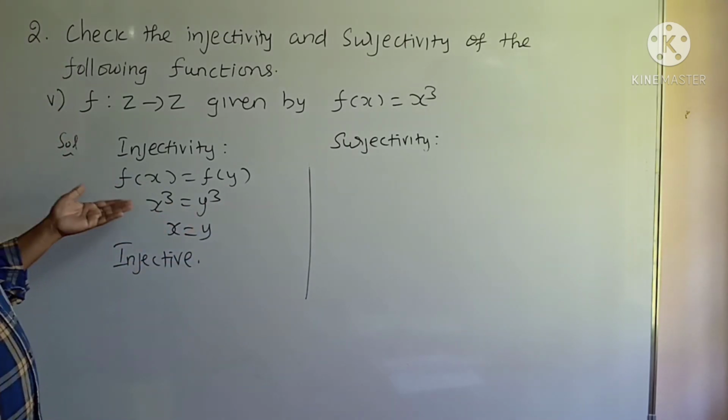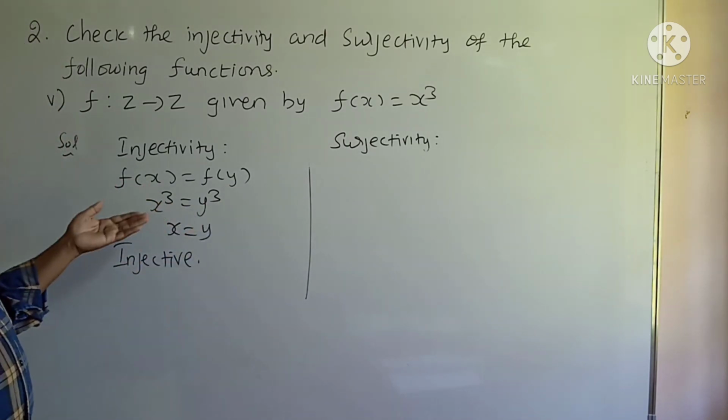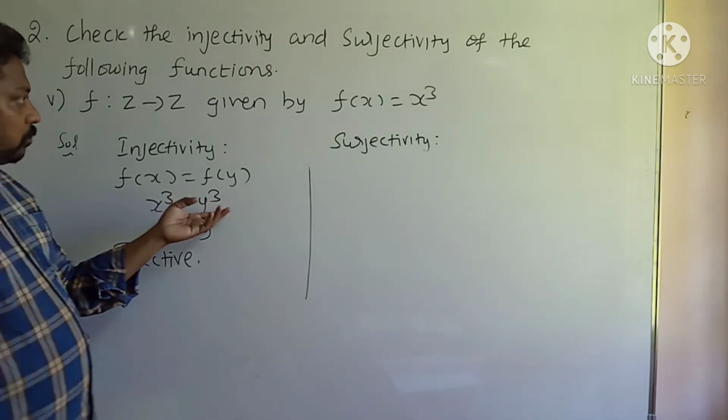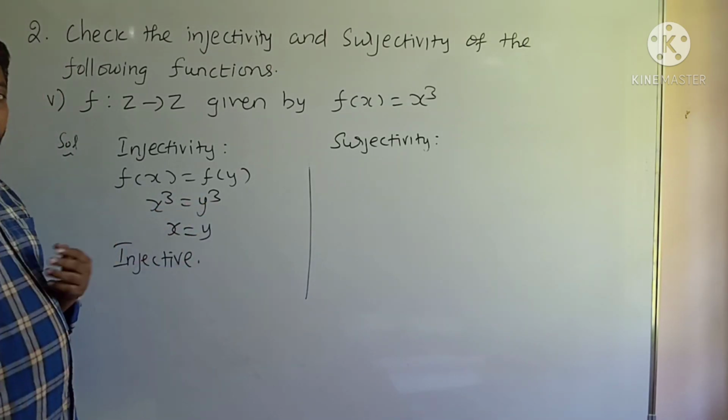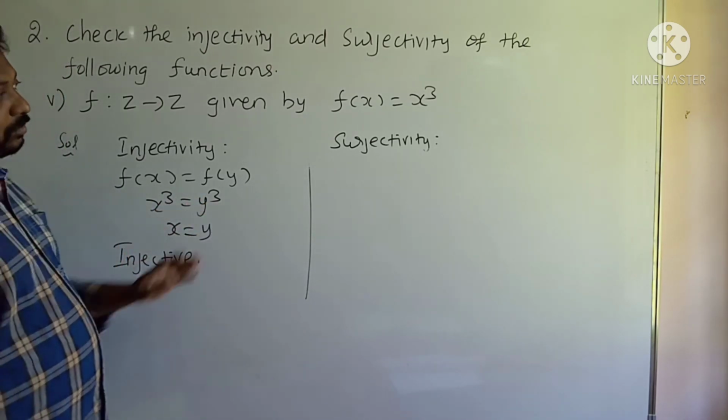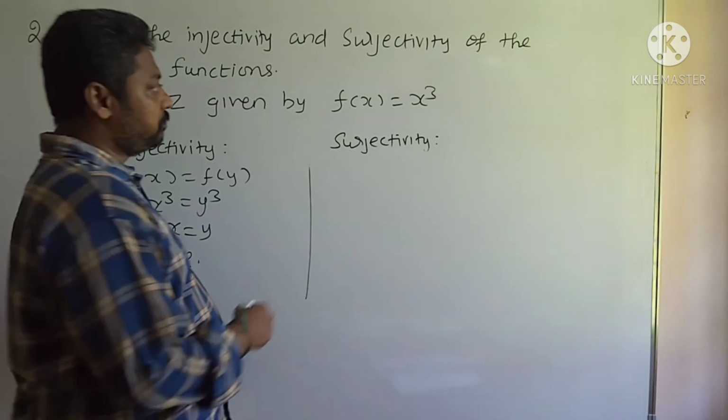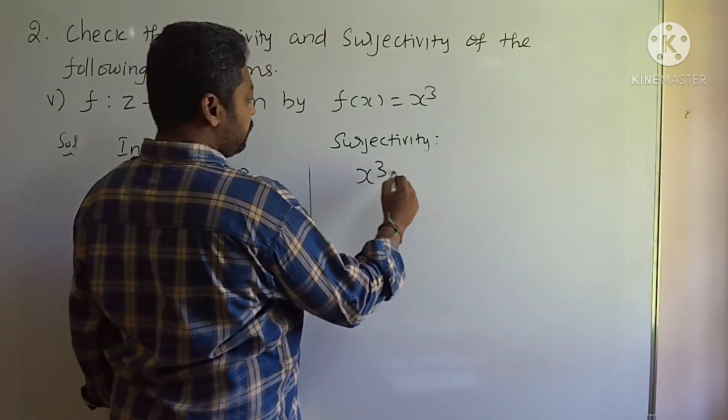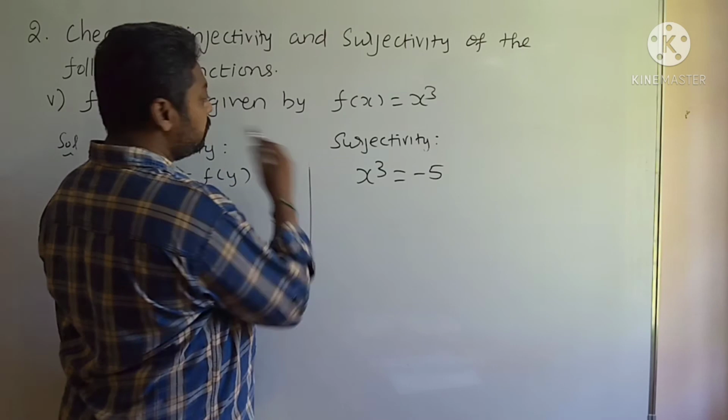So in general x and y should be the same. So x cube equals y cube, then x becomes y. So this is injective.